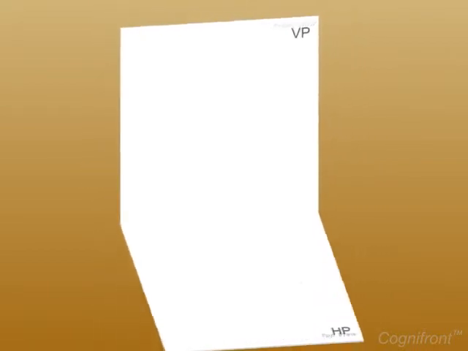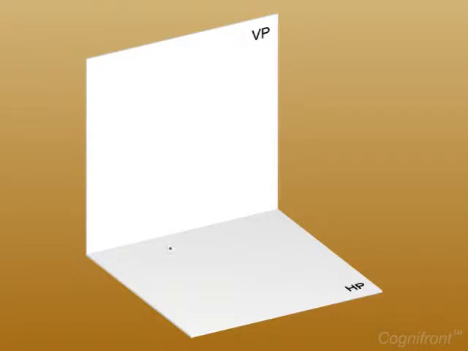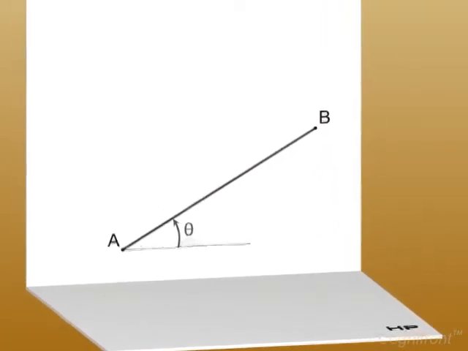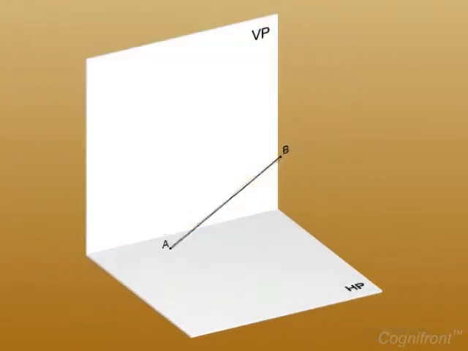Now let us take another case. A line AB is inclined to HP at an angle theta and parallel to VP at a distance of D units. Point A is H1 units above HP, while the point B is H2 units above HP.